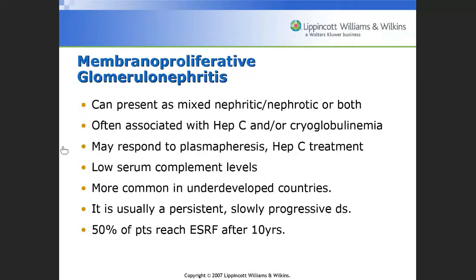Membrane proliferative glomerulonephritis is present in both nephritic and nephrotic. I mentioned already, if it's associated with Hep C, then C3 or C4 is low, and it might be associated with cryoglobulinemia, meaning that there are proteins that are related to temperature.